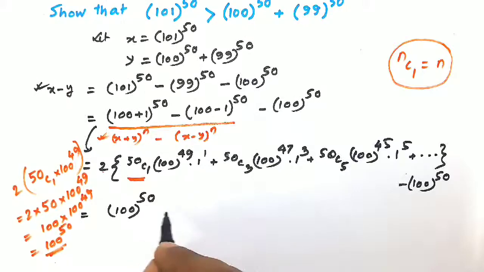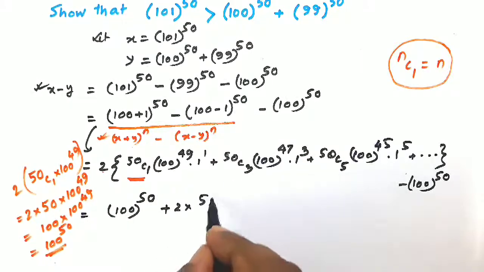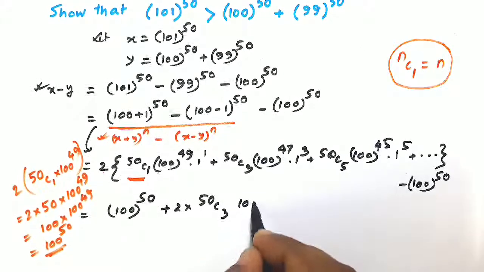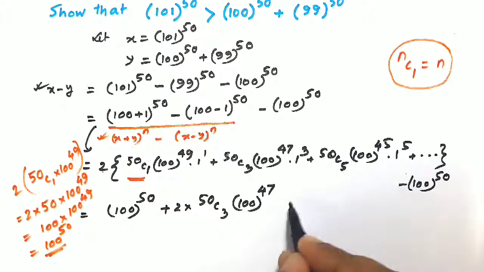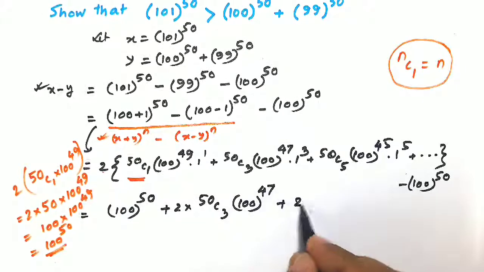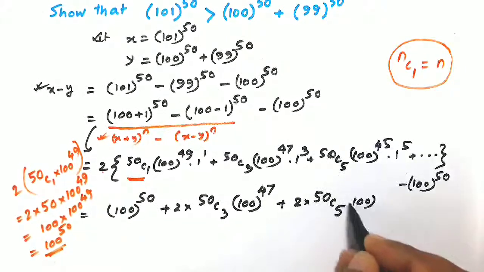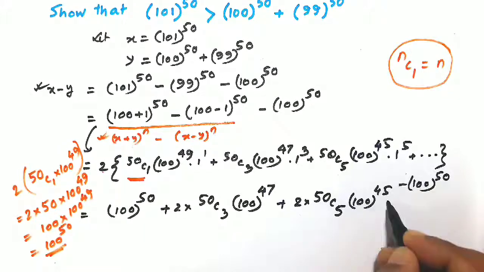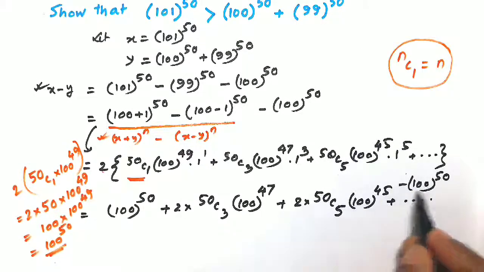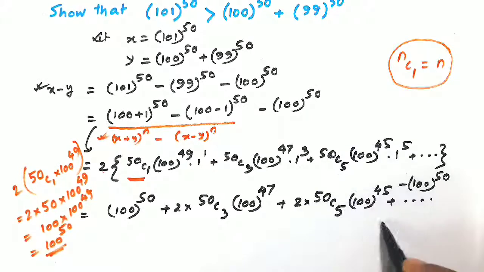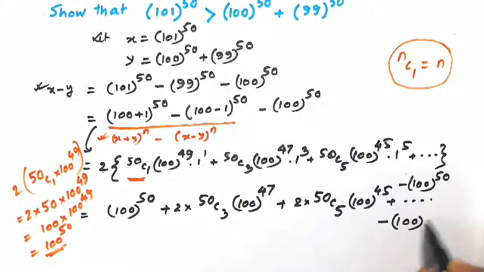Okay, written, plus 2 into 50C3 100 to the power 47, plus 2 into 50C5 100 to the power 45, and so on. This is continued, and this part is as usual minus 100 to the power 50.